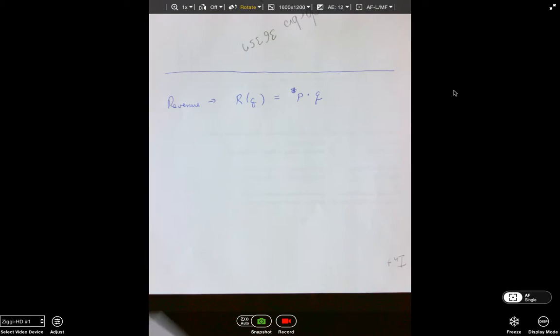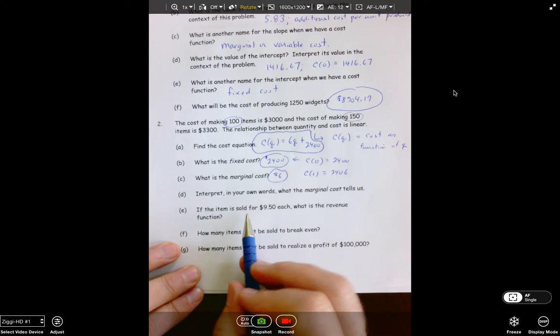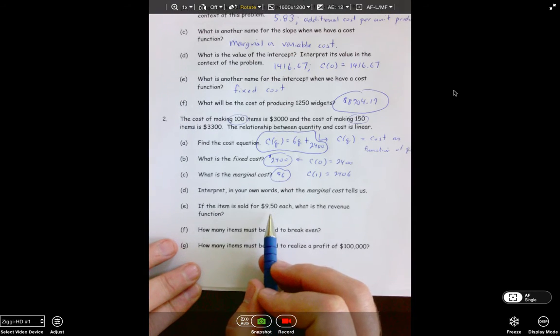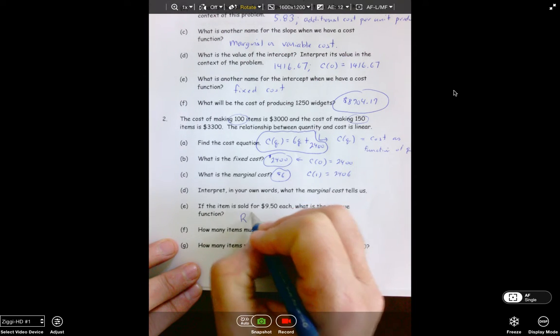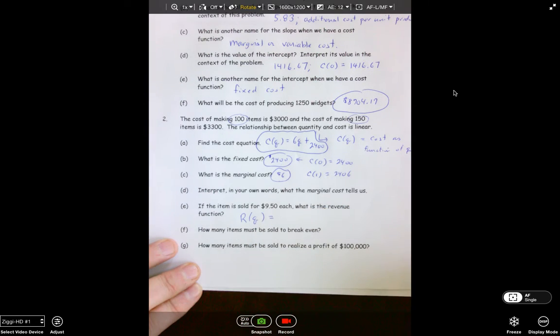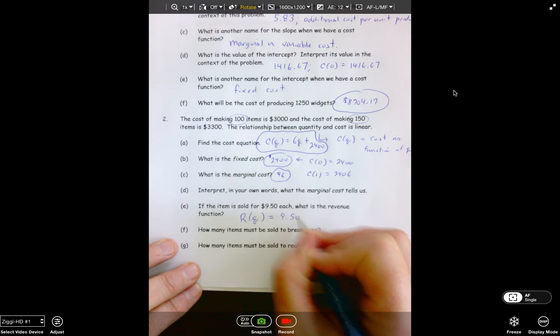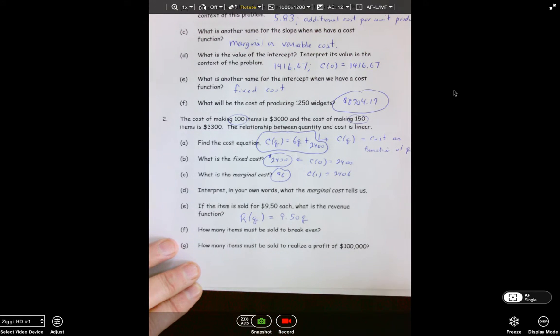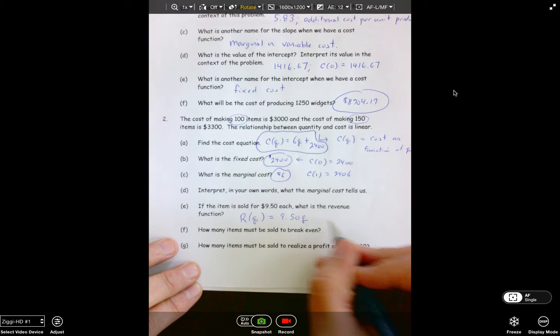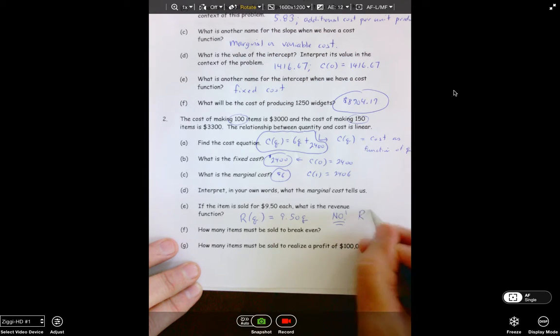It's the price you sell it at times the number of the quantity. So, guys, taking that very, very simple concept, if something is sold for $9.50, what's our revenue function? Let's call it R of Q for revenue. The price is $9.50 times Q. Now, I'll tell you something I see a lot on exams, and this is a no-no. I see students get sloppy and just put that.